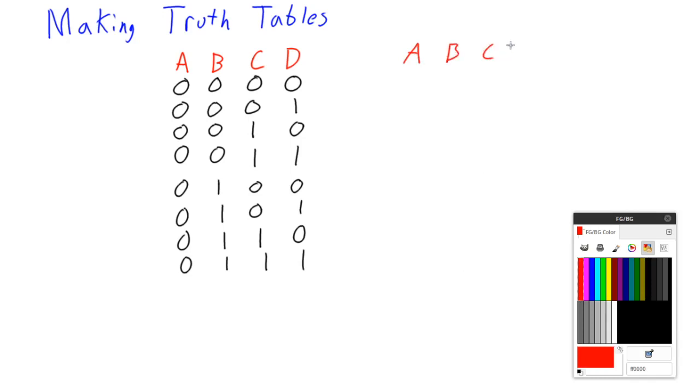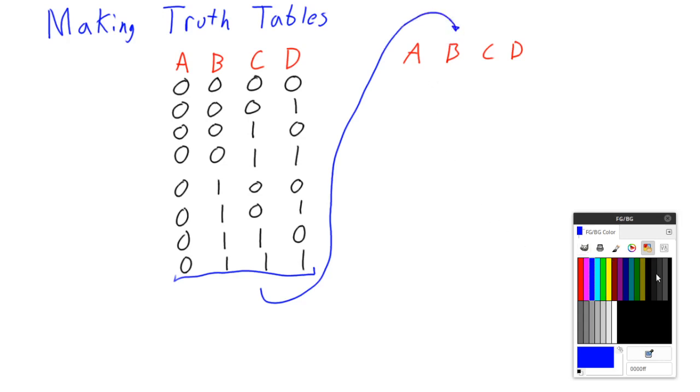So we've got A, B, C, and D, and we note that this is going to continue on here. So now we add 1 to this, and it rolls over to 1, 0, 0, 0.